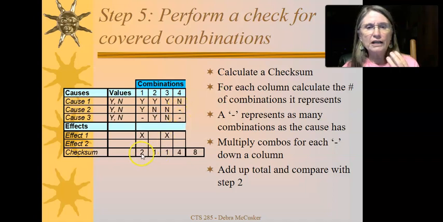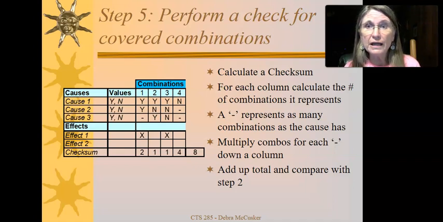So the checksum is calculated based on those representations, and we add them up: 2 plus 1 plus 1 plus 4 equals 8. Well, what is 8? 8 was the number of original columns that we started with.